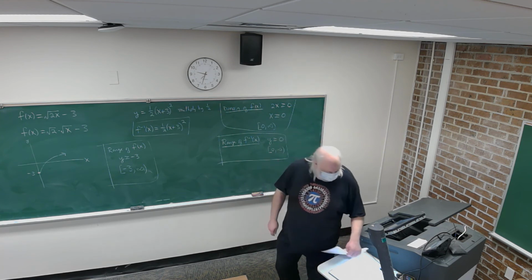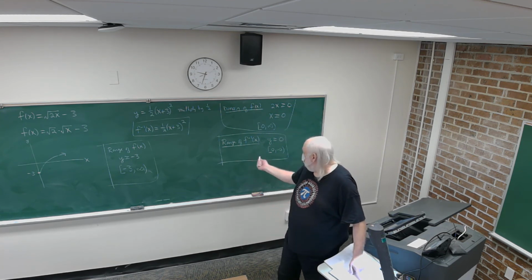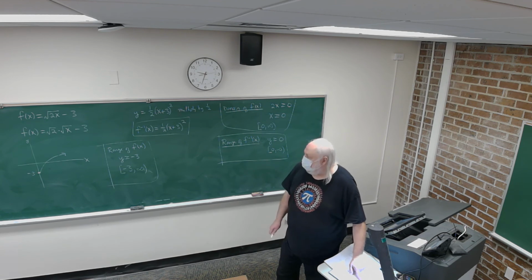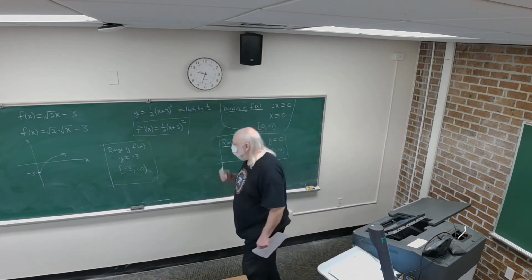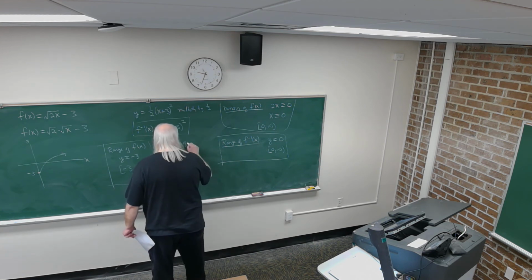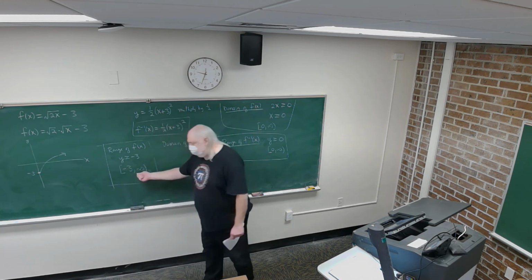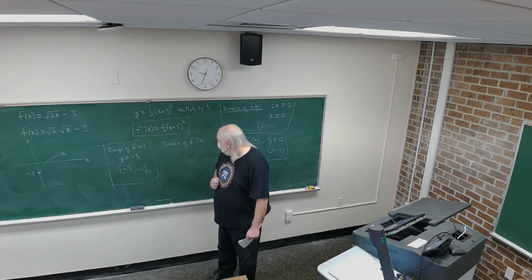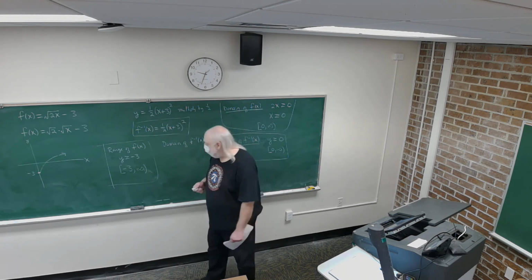Well, now that we know the range of f of x, we know the domain of the inverse function. Okay. And the domain of the inverse function turns out to be just half of the parabola, okay? Not the entire parabola. So the domain of f inverse of x is the same set of numbers from minus 3 to infinity, but it applies to the variable x, the input variable.